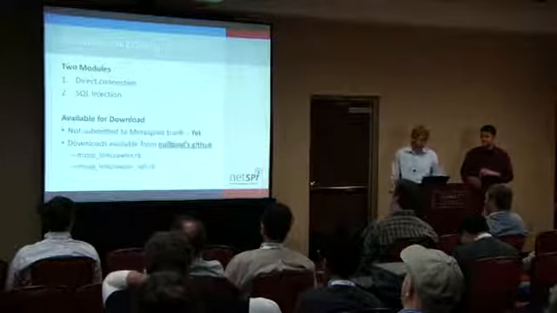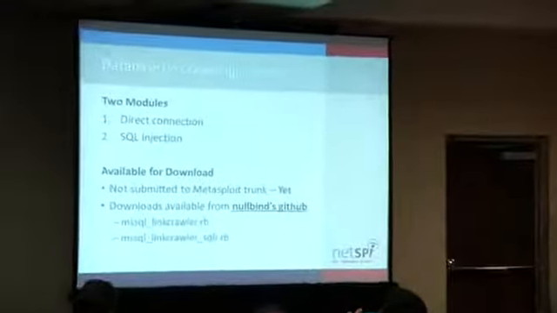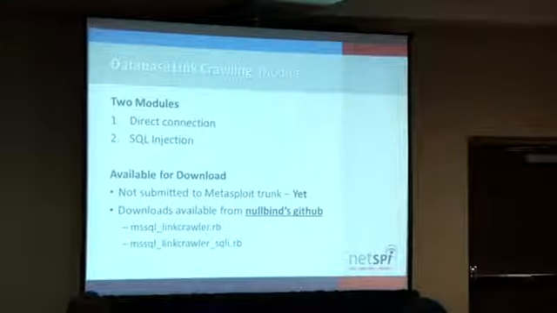To make this easy, we created two Metasploit modules. One with direct SQL connection, if you have credentials to access the database, and another one with SQL injection. So if you find a SQL injection in an application, you can run the Metasploit module, and it supports error-based, union-based, or time-based injections, and it can do the same thing.